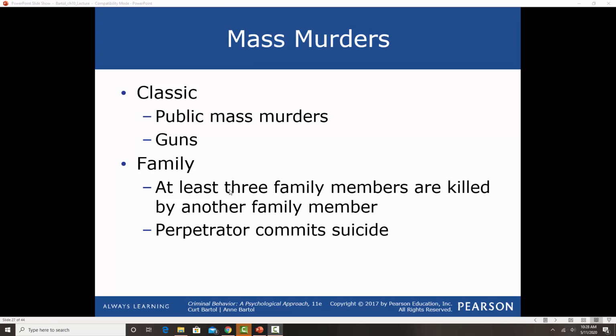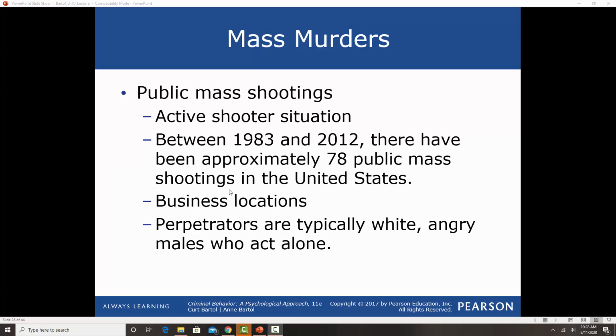I already mentioned that there are two types of mass murders: the classic public mass murders, and then family as well. Public mass shootings, we have seen an increase in the number of mass shootings here in the United States, involving terrorist acts, obviously. But between 1983 and 2012, there have been approximately 78 public mass shootings in the United States. That includes business locations, schools as well.